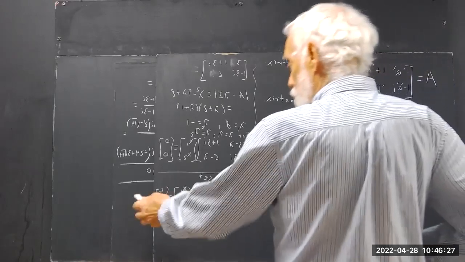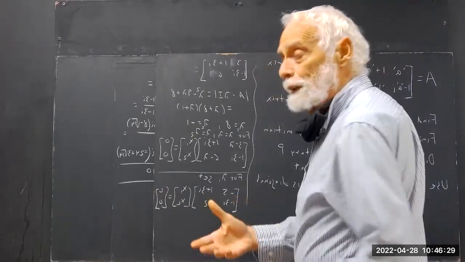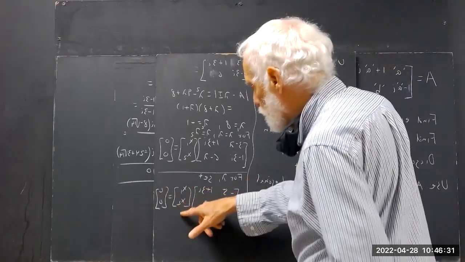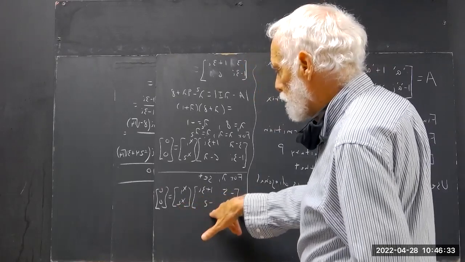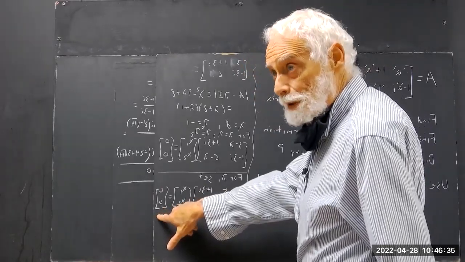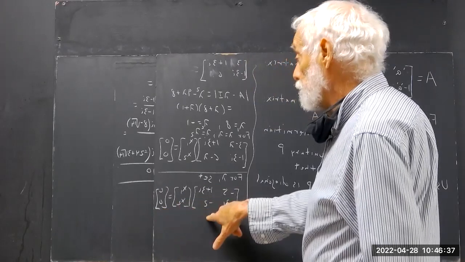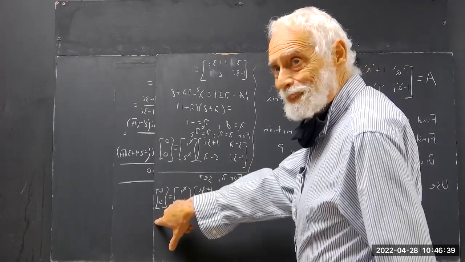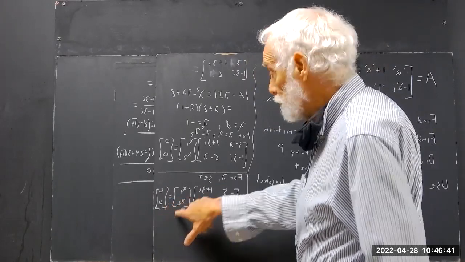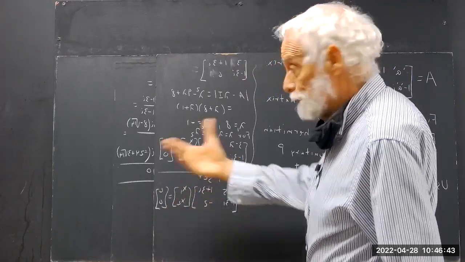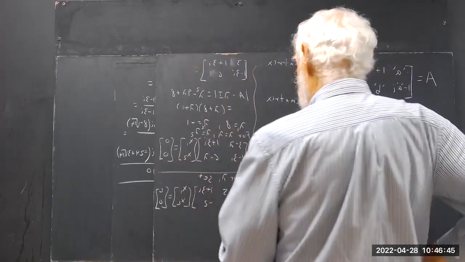Now, only the trivial solution happens because the only way you get a non-trivial solution is if the determinant of this matrix is 0. Because again, if the determinant of this matrix is non-zero, it's invertible. And when we invert it and multiply it by 0, 0, we get 0, 0, which doesn't help us at all. Okay.